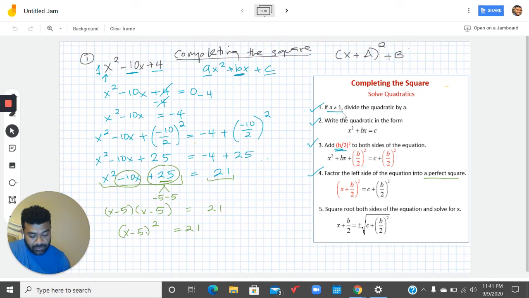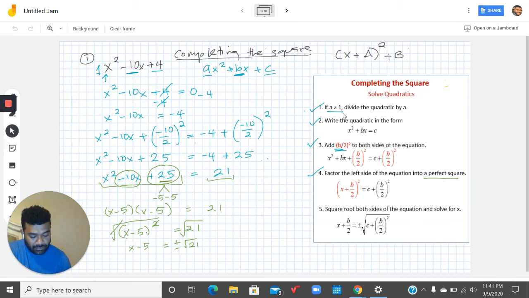Now if you move further, we need to solve for x, so we just take the square root of the left and the right, cancel out the square, and then you are left with x minus 5 equals plus or minus root of 21. The reason why we put plus or minus is because whatever value comes out of a radicand or a square root is going to give me a positive and a negative value.